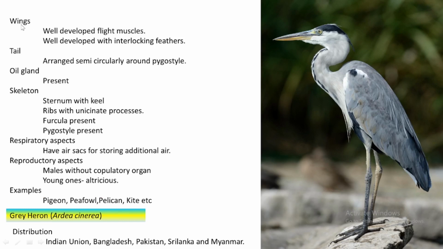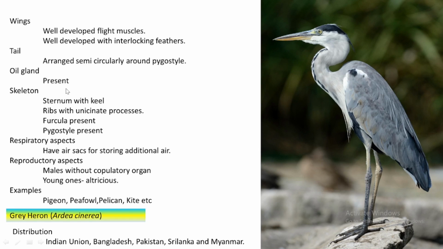And coming to wings, they are well developed for flying, with well developed flight muscles. The feathers have interlocking barbules, and that also helps for good flight. The tail is arranged semicircularly around the pygostyle. Pygostyle is a skeletal structure formed by the union of caudal vertebrae.